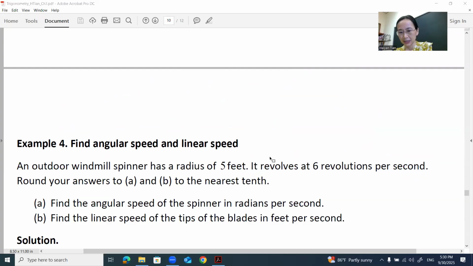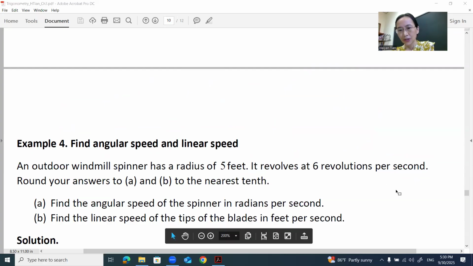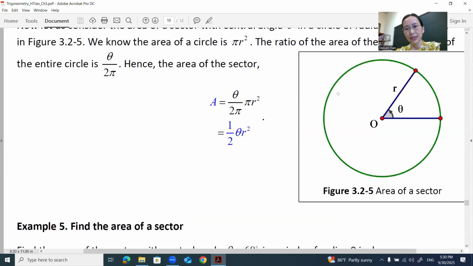And one more application. If we have a circle of radius r, and we want to know the area of this sector, just this portion, how can I calculate the area of the sector with the central angle theta?